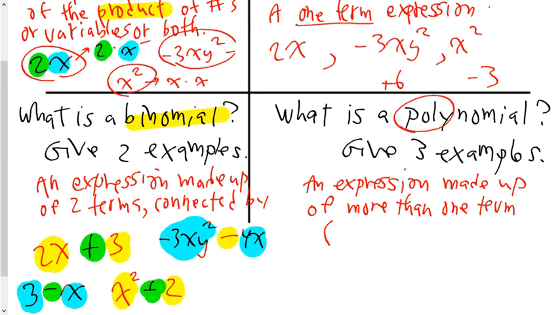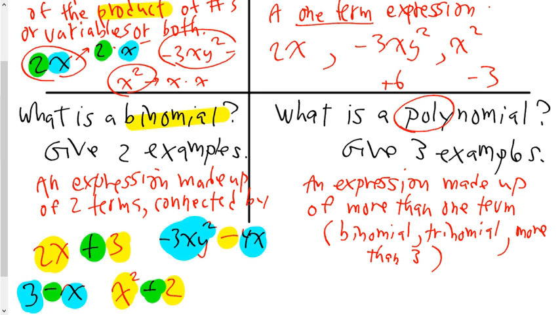So since one term is a monomial, it could be a binomial, a trinomial, which is three terms. We didn't talk about that, but you get the idea. Or more than three terms. Those are what polynomials are. Anything but a monomial is a polynomial.